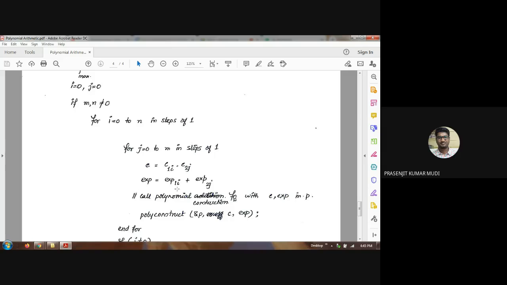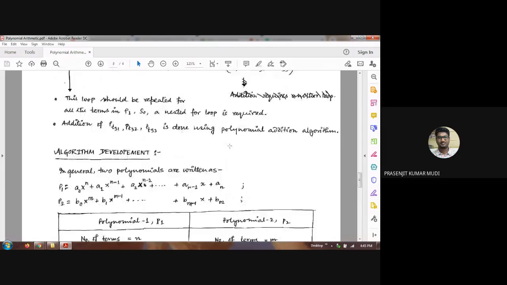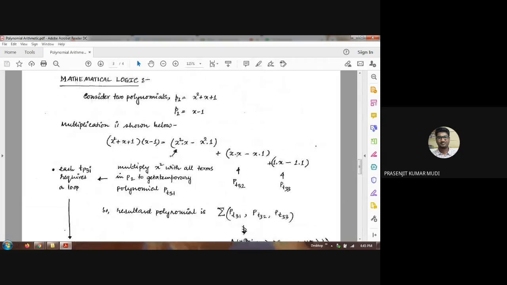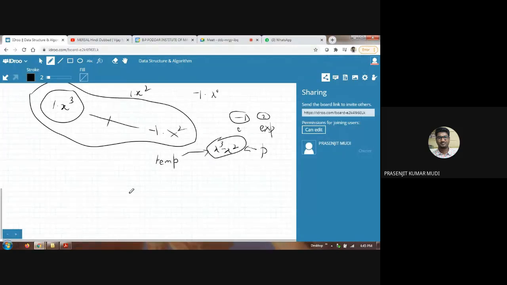So using this inner for loop, this second temporary polynomial x square minus x will be constructed, right? And it will be again pointed by that pointer p. So this is lost.